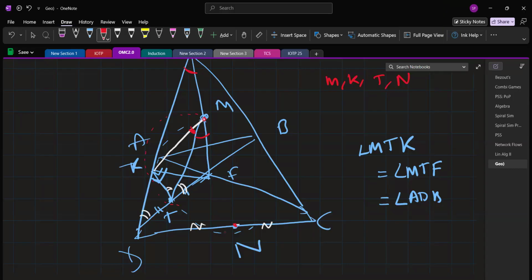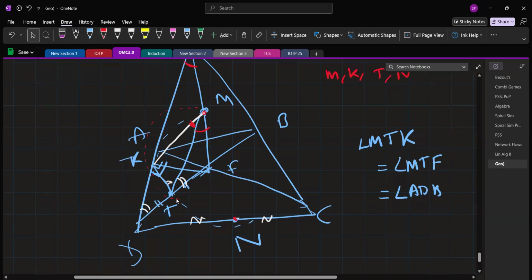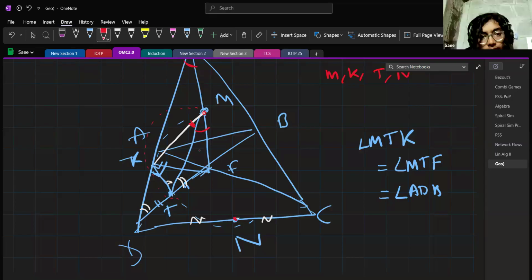So perhaps we can compute TNS, if it helps. So TNS is just 180 minus BDC minus ACD. Yeah, 180 minus BCD minus ACD. Computing TNS, yes, that is just going to be equal to this angle because of the midpoint stuff.